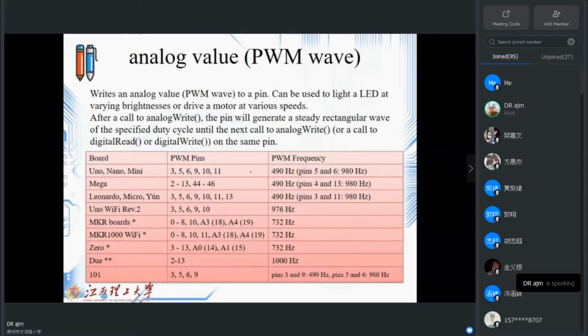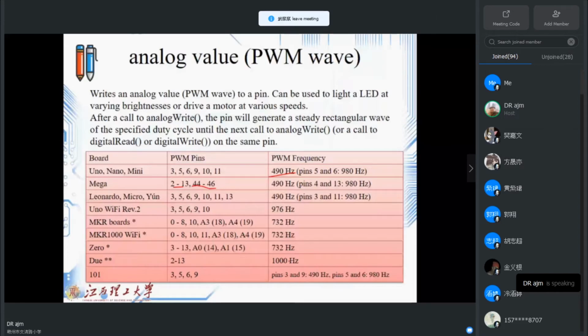On pin number 5 and pin number 6, we have 980 Hz. You can compare this to, suppose, the Mega. You see the number of pins is different: pins 44 to 46 and 2 to 13. Or you can compare to the Due, whose PWM frequency is also different.